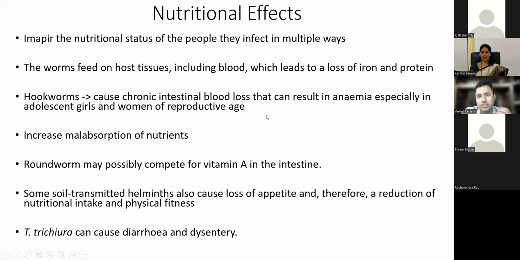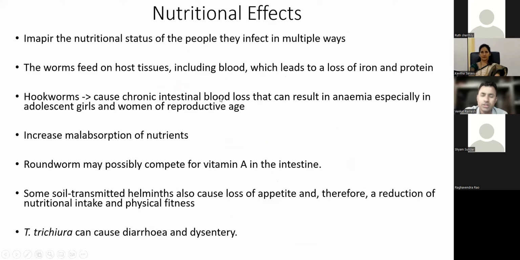So how do these soil transmitted helminths affect the nutritional status of the host? So basically, they feed on the host tissues, including blood, which can lead to a loss of iron and protein. Hookworms can cause chronic blood loss, resulting in anemia, especially in adolescent girls and women of reproductive age, where the demands are quite high.